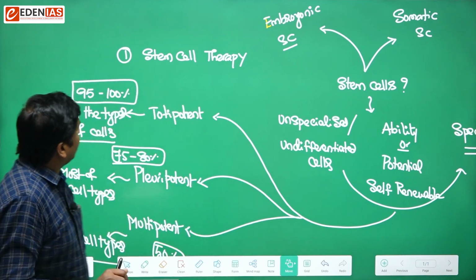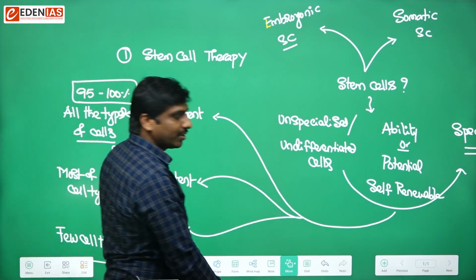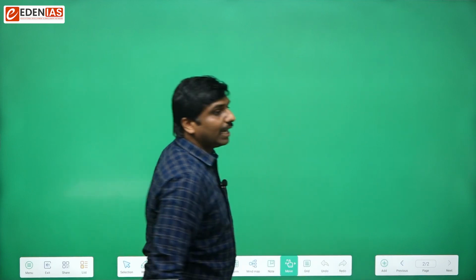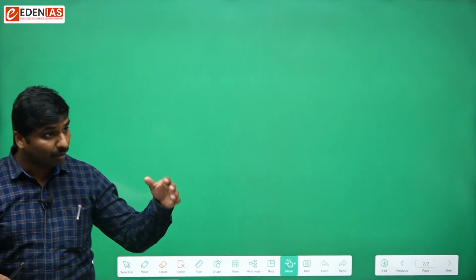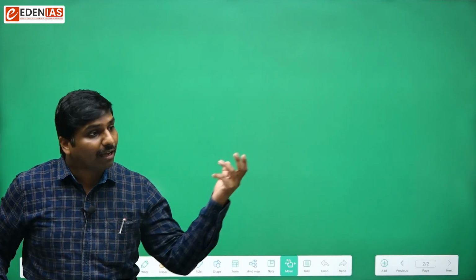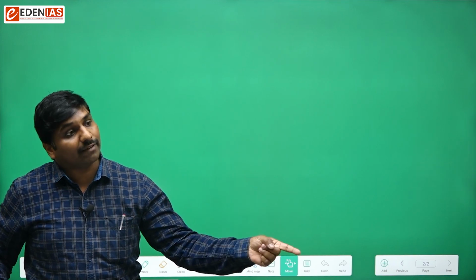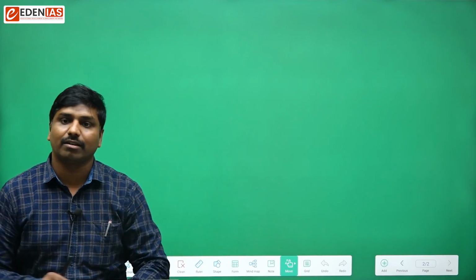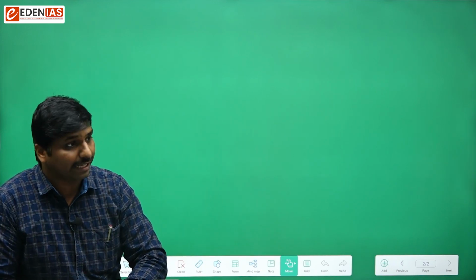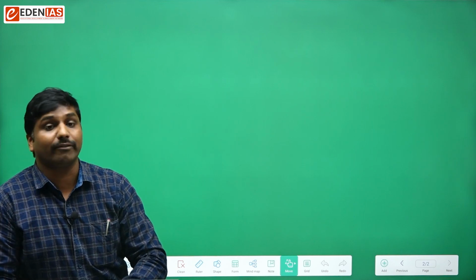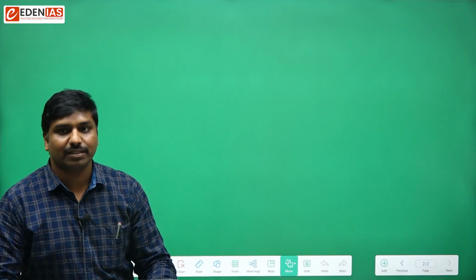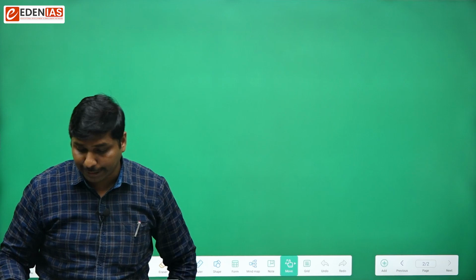So this is basically about stem cells. Then if you look at the applications, we are talking about stem cell therapy. We have said that these stem cells have the ability to regenerate other cells or other organs. So where can we use this stem cell therapy? That is another important aspect.